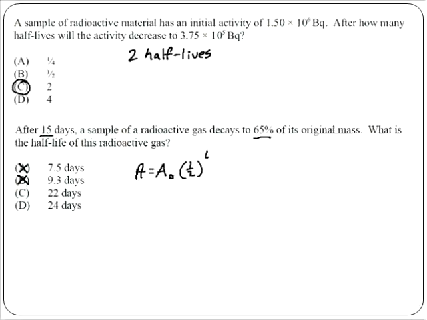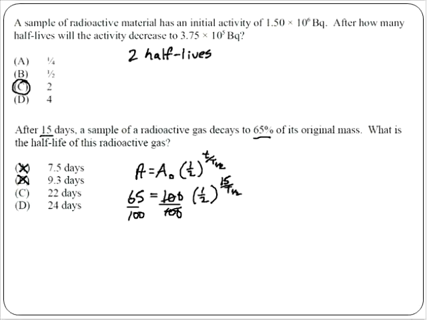And the half-life formula, like I told you, is on your formula sheet. Okay, you don't have to memorize it. It's there. So the amount remaining is 65%, which means the original amount was 100%. So we can just do it like that. Times a half to the power of T, we know it's 15 days. T 1/2, we don't know. So I divide by 100 on each side.